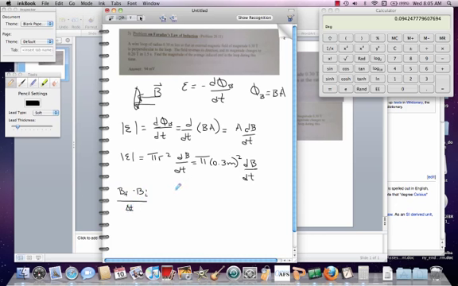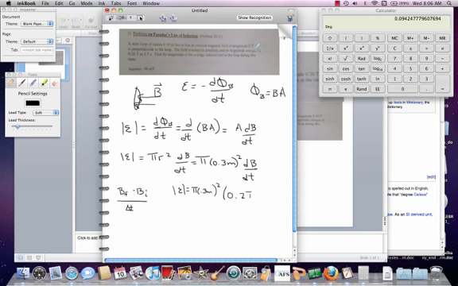So EMF is equal to pi r squared, and now I'm going to have my B final is 0.2 Tesla, and my B initial was 0.3.